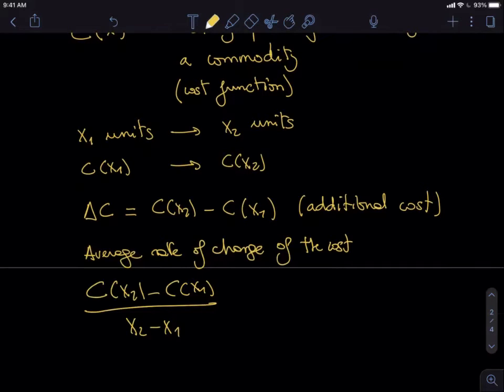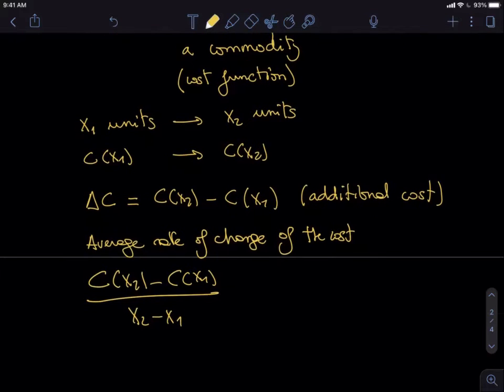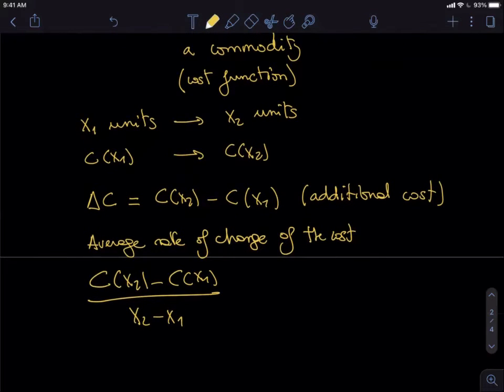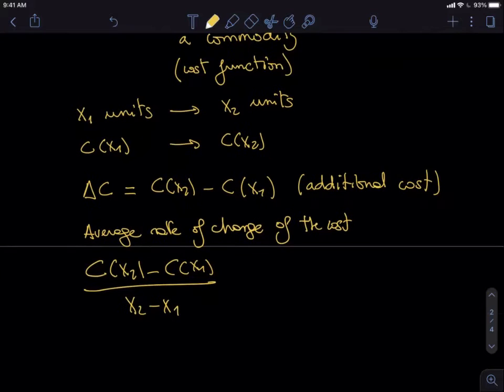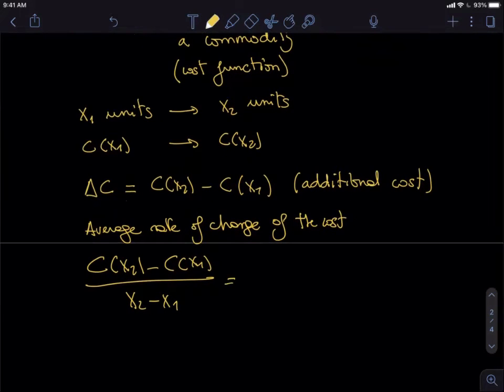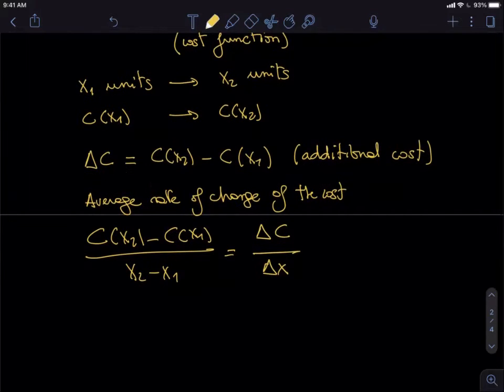The increase in the cost divided by the increase in the production. Usually you will write this as increment of c divided by increment of x. But if we take an increment of x that is very small, what happens here?